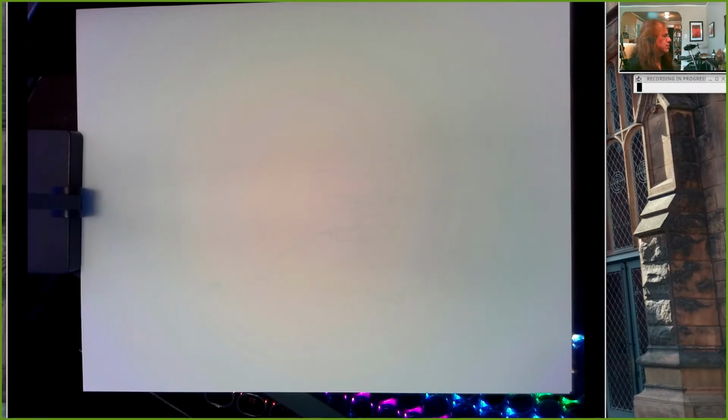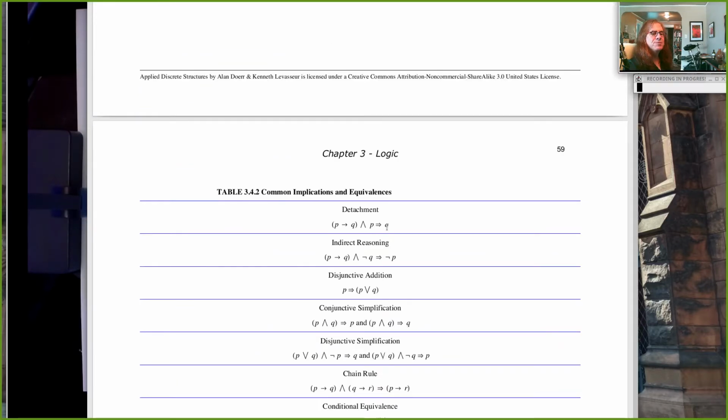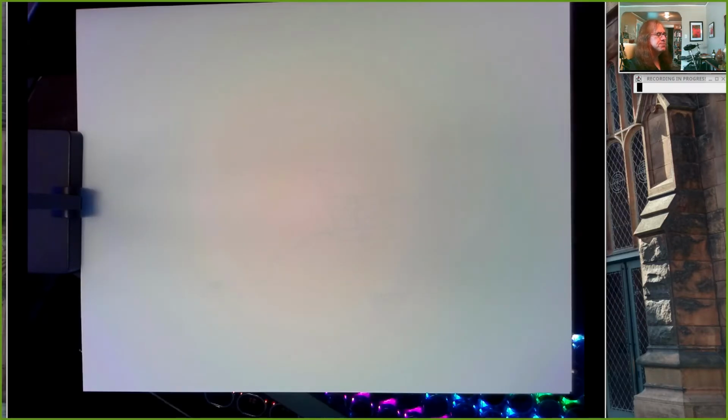All right, so our plan today is to talk more about propositions and dig further into proofs. And I want to start off with some examples of propositions and using some of these things that we find from page 58 and 59, these basic logic laws and then implications and equivalences, using these to work from a starting point to a proof of something that we're asked to show.